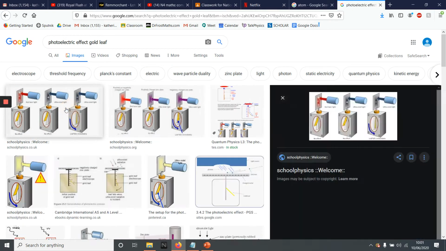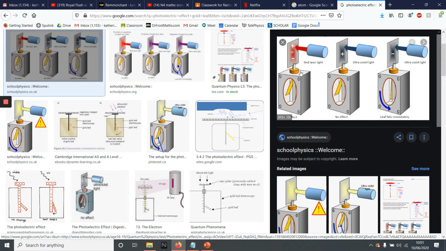Okay, so what we have is this weird contraption here, just like a metal box, and this little strip here is just metal, and we have a little gold leaf, like a little strip of gold.